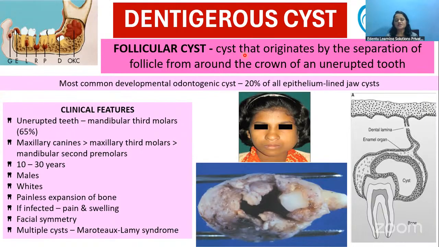Now, how this dentigerous cyst is getting formed is that if this is an impacted tooth, this impacted tooth will be covered by a flattened layer of cells, that is called the reduced enamel epithelium. The crown of this impacted tooth will be covered with this reduced enamel epithelium.